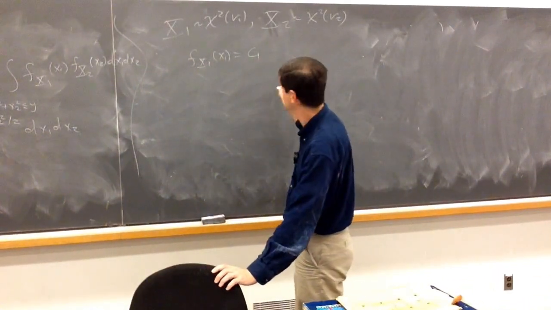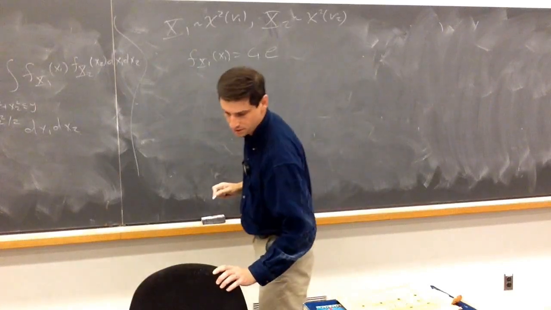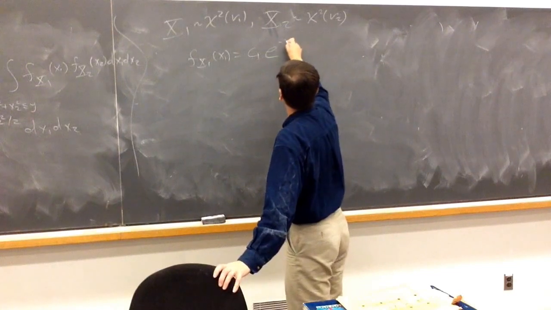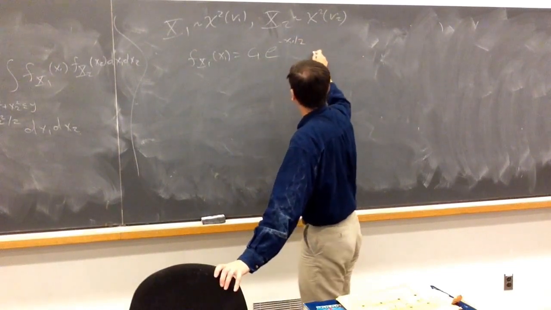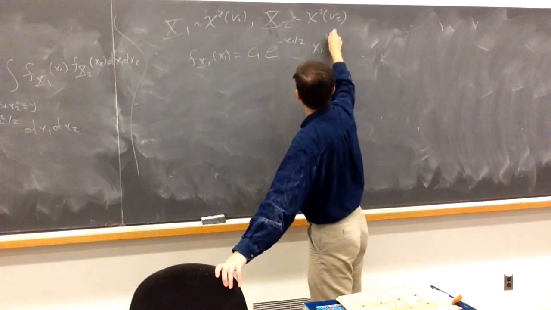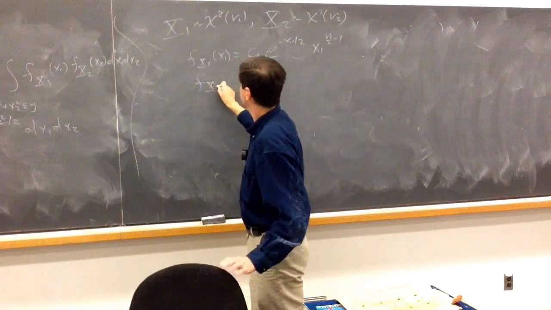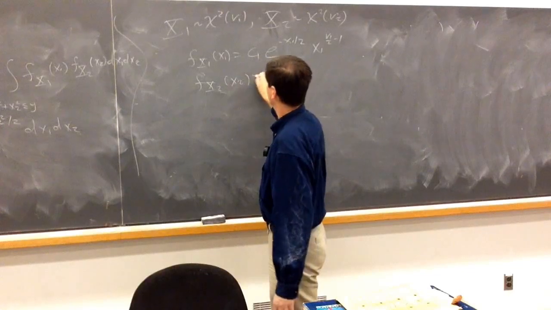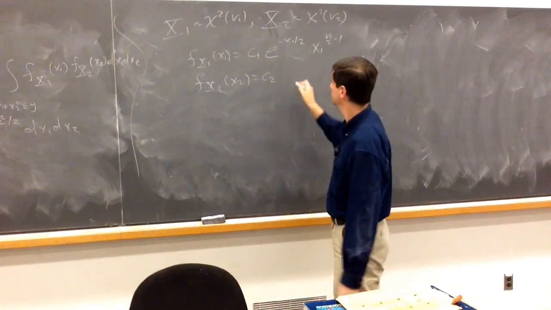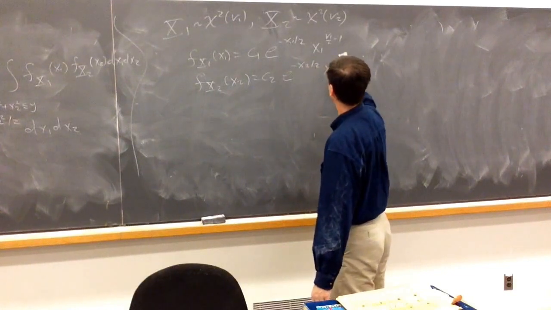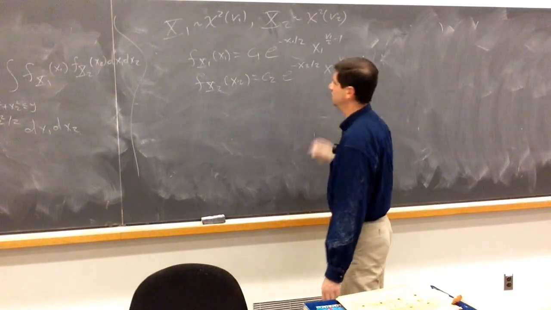And so for the chi-square distribution, it's going to be e, I just want to make sure I write this correctly, to the negative x1 over 2. And then it'll be x1 to the nu 1 over 2 minus 1. The density of the second one has its own normalization constant, e to the negative x2 over 2, x2 to the nu 2 over 2 minus 1.